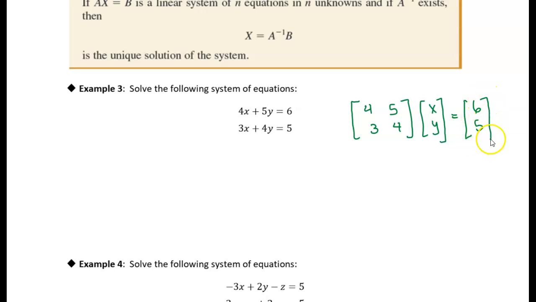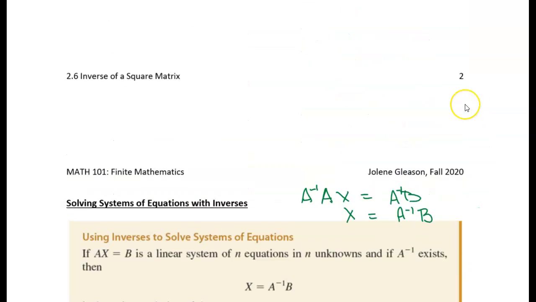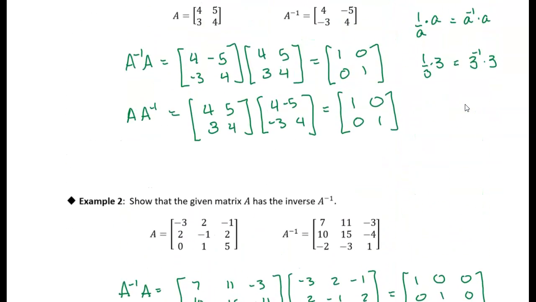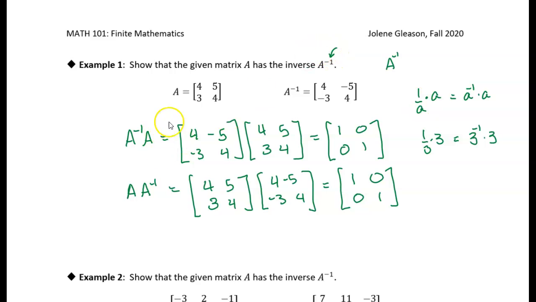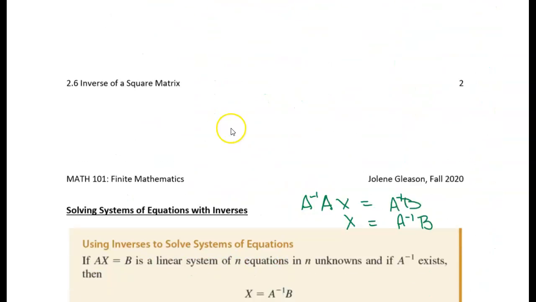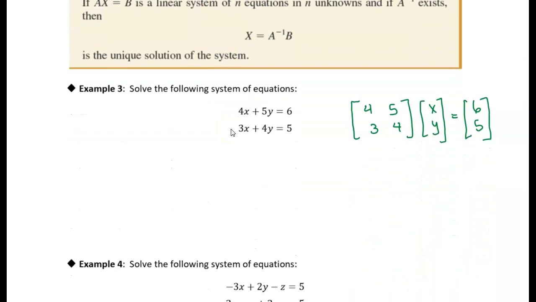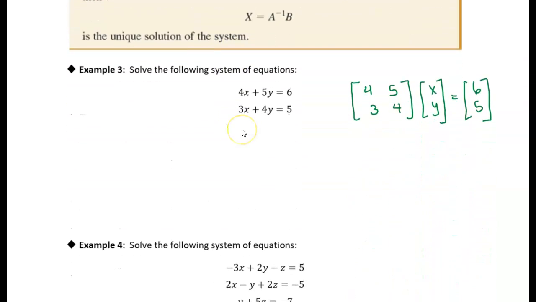And we want to solve that matrix equation. So in order to solve it, we need the inverse. And what do you know, in example 1, we actually have the inverse of [4, 5; 3, 4]. So that's convenient. We know the inverse now of [4, 5; 3, 4], right?